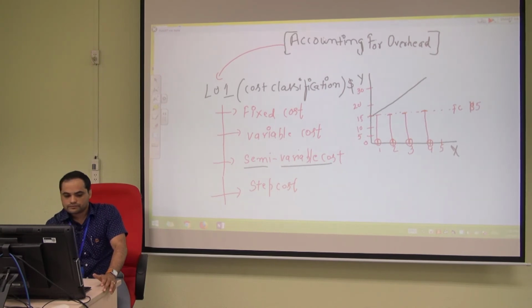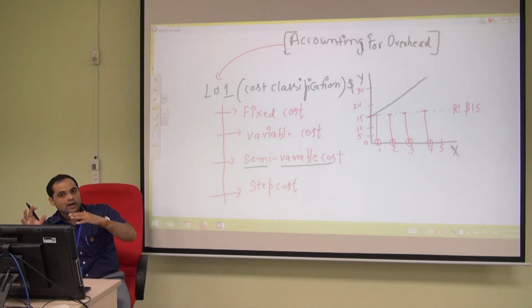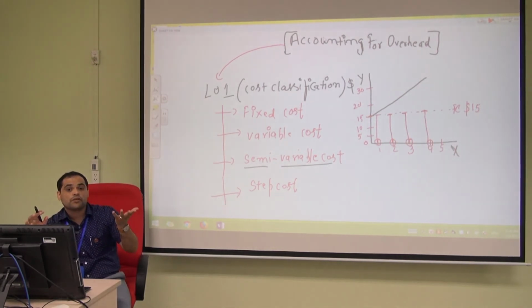Fixed cost which is $15, at this point. But if you cross that particular limit or the quantity limits, in that case your cost will turn into a variable cost. It means if you are producing any additional units, your cost will be increased.